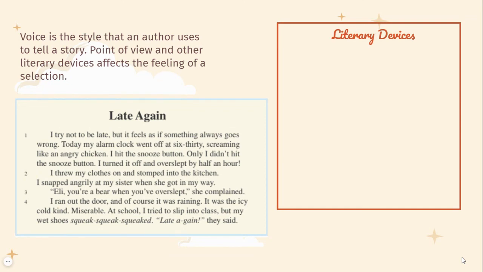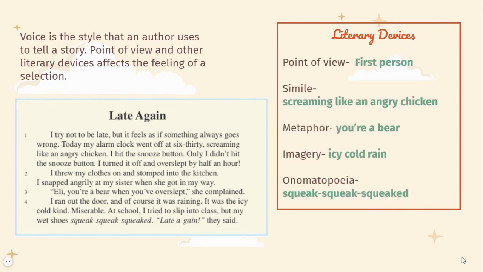So what literary devices do we see in "Late Again"? We see first-person point of view with the pronoun I. We see a simile describing the alarm clock screaming like an angry chicken.